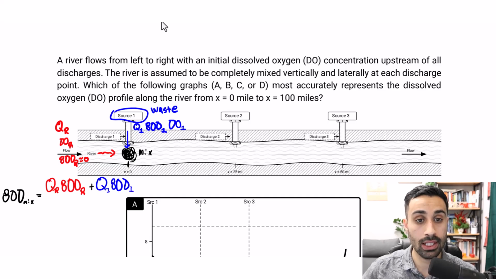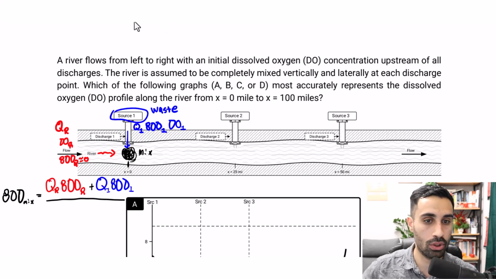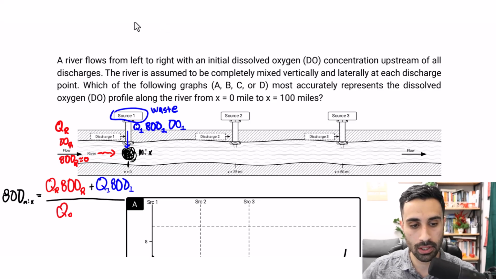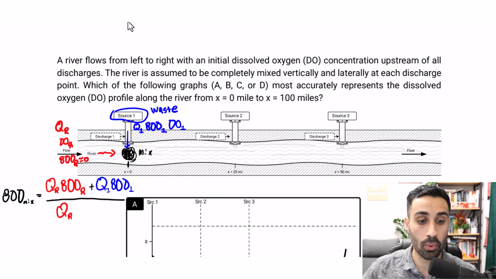And then you take this divided by what do we put at the bottom? It's going to be the summation of the flow rates. And you always do it this way.